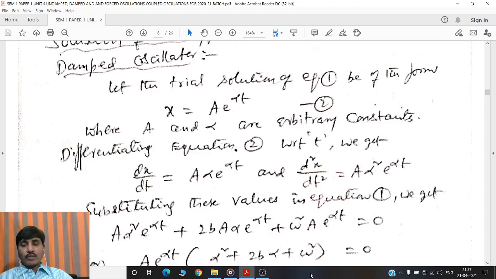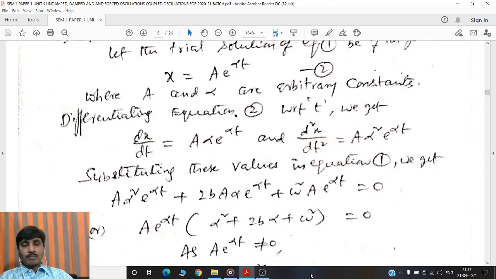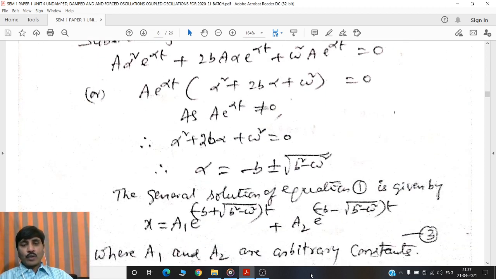Substituting these values in equation 1, we get A alpha square e to the power of alpha t plus 2b A alpha e power alpha t plus omega square A e to the power of alpha t equals 0, or A e to the alpha t into alpha square plus 2b alpha plus omega square equals 0. As A e to the power of alpha t is not equal to 0, alpha square plus 2b alpha plus omega square equals 0.